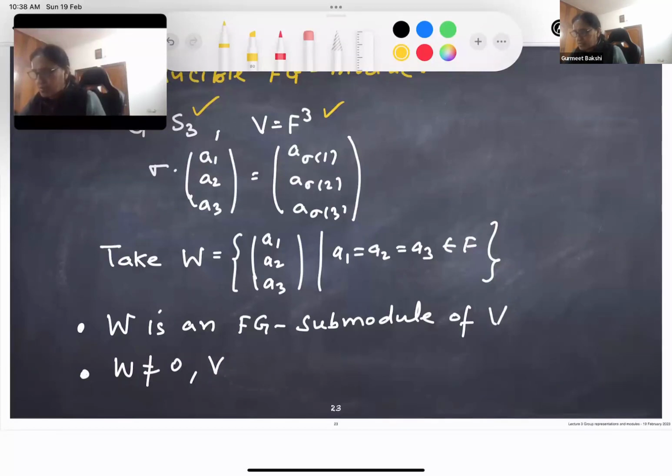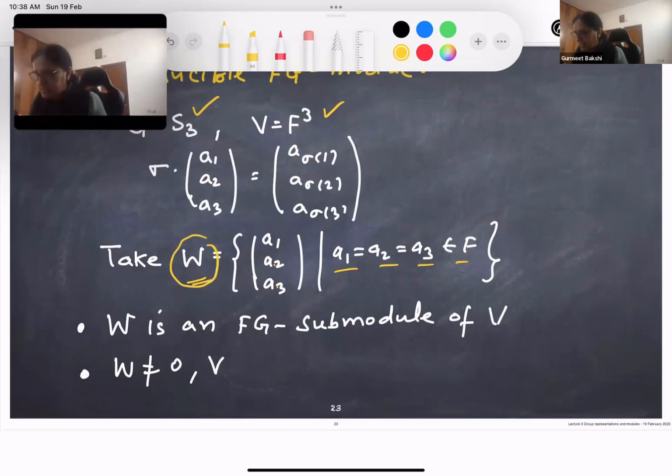Now sigma dot V, where V is A1, A2, A3, an element of F3, is A sigma 1, A sigma 2, and A sigma 3. And now you look at the subspace where all of these entries are same. So it's like alpha, alpha, and alpha. All of these are equal.